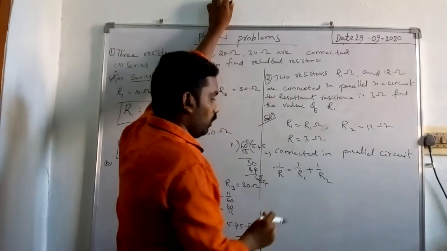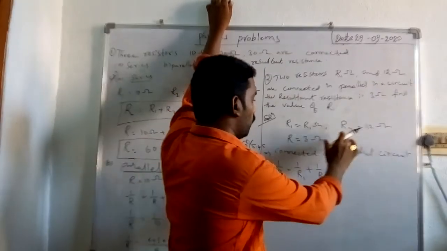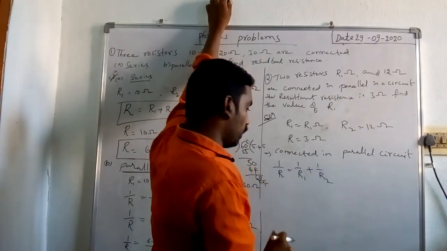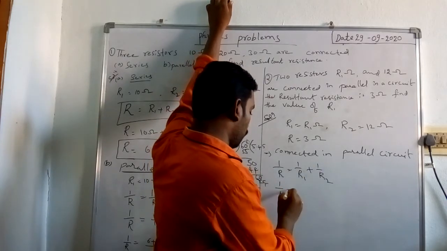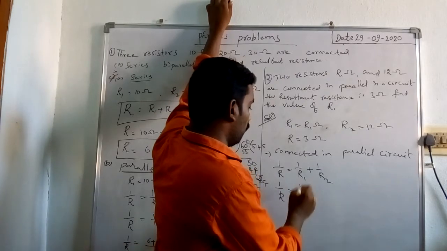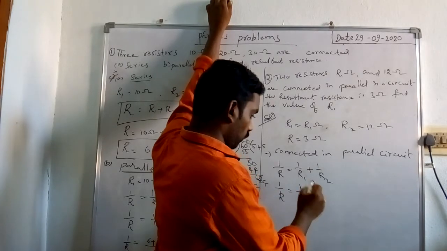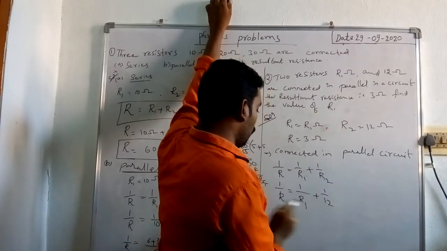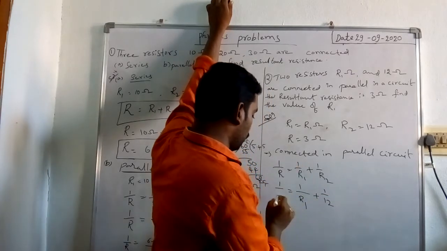Here only 2 resistors, you have to take 2 resistors only. Don't go for a third one. Then 1 by R equal to 1 by R1 plus 1 by R2, that is 12 ohms. Here R means 3 ohms.